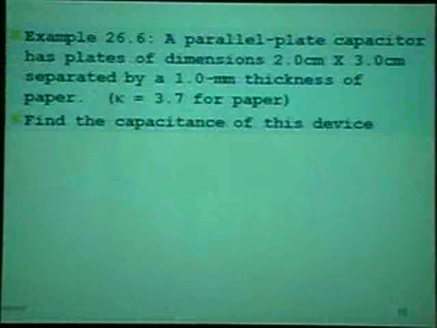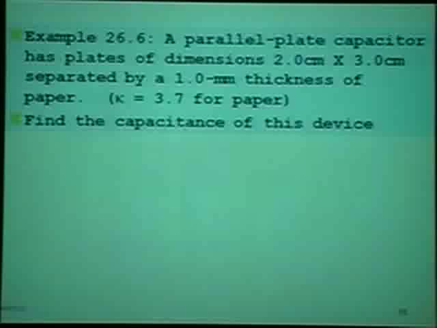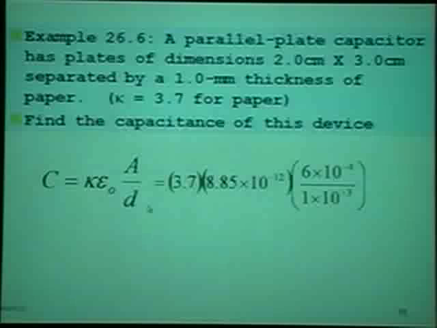So let's try this out. Here's another example. A parallel plate capacitor has plates of dimensions 2 centimeters by 3 centimeters, separated by 1 millimeter thickness of paper. Dielectric constant for paper is 3.7. Find the capacitance of this device. Well, that's equal to dielectric constant, epsilon naught, area over separation distance. 3.7 dielectric constant for paper.